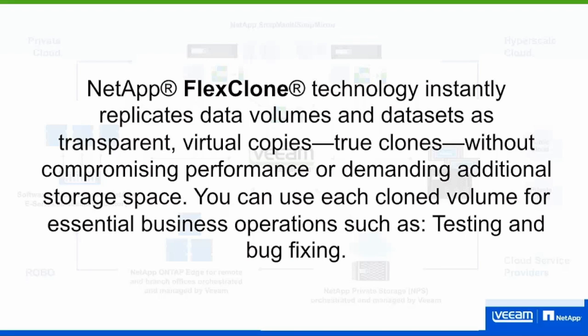If that was something that you wanted to do, you could spin up multiple FlexClones off snapshots, and you can absolutely break them away as well. So you're not tied to always using the FlexClone technology. A FlexClone can be split away from the parent volume.